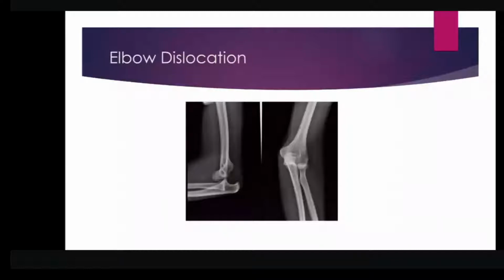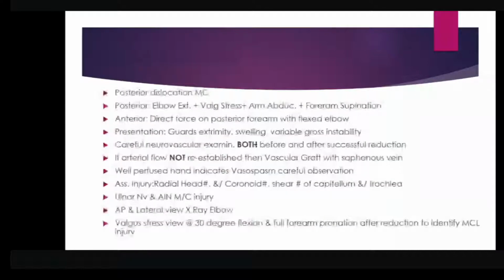There will be limitation of joint movement and there will be swelling. So these are basically the clinical features. Whenever you consider any dislocation or any fracture, there will be tenderness, swelling, and features of acute inflammation. All these 5 things: pain, tenderness, redness, swelling.